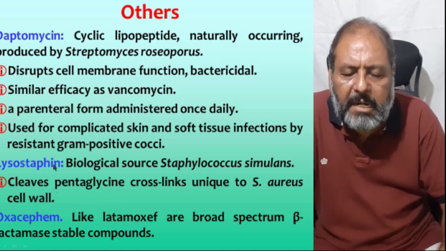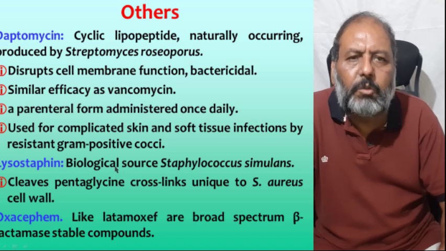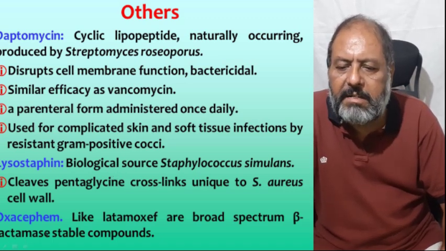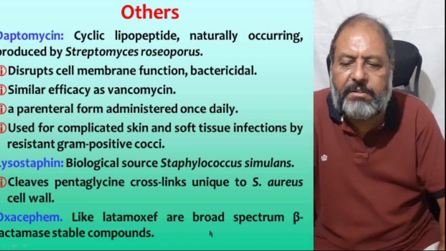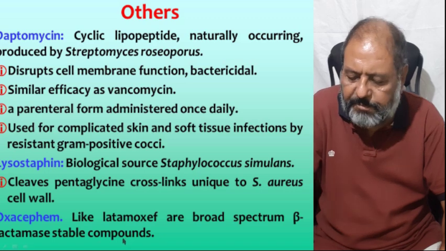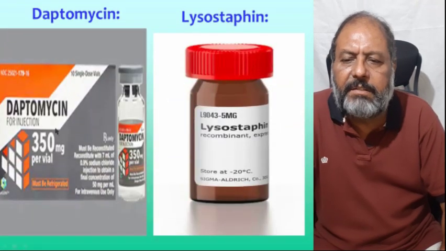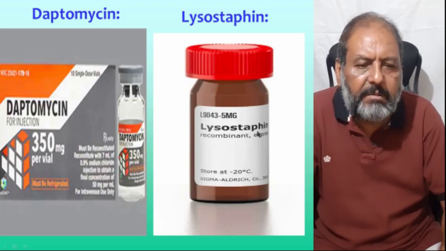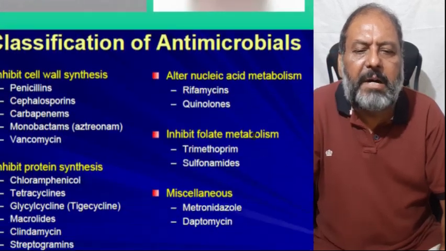These antibiotics are especially able to break the cell wall of staph. Oxacephem drugs like latamoxef are broad-spectrum, beta-lactamase stable compounds. And here one can see daptomycin for injection and the antibiotic lysostaphin, also available in the market.